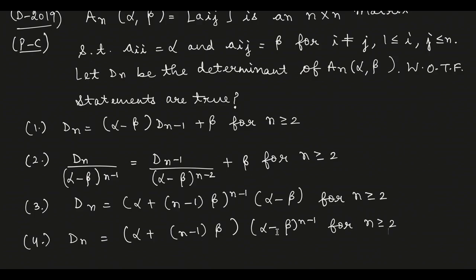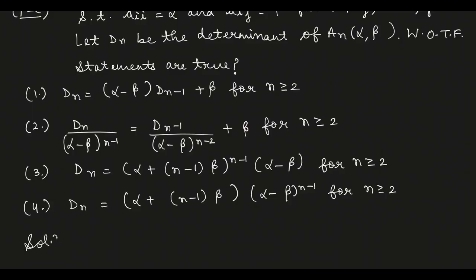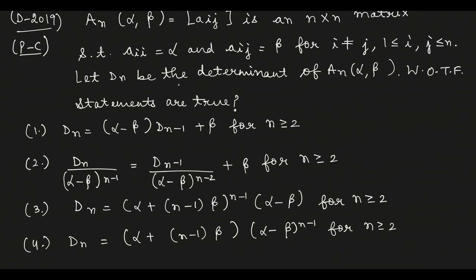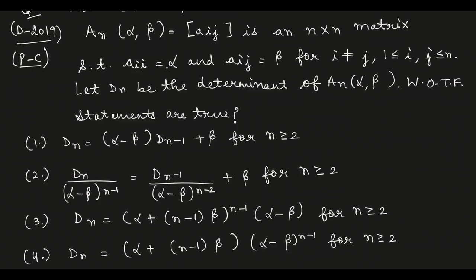Only second and fourth. So firstly, it is given that on the diagonal alpha is there and the remaining values are beta.